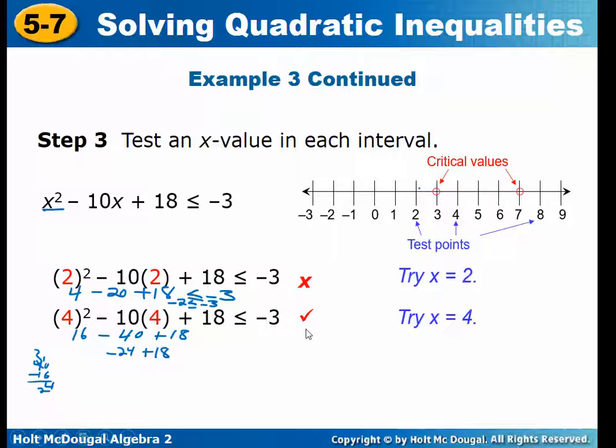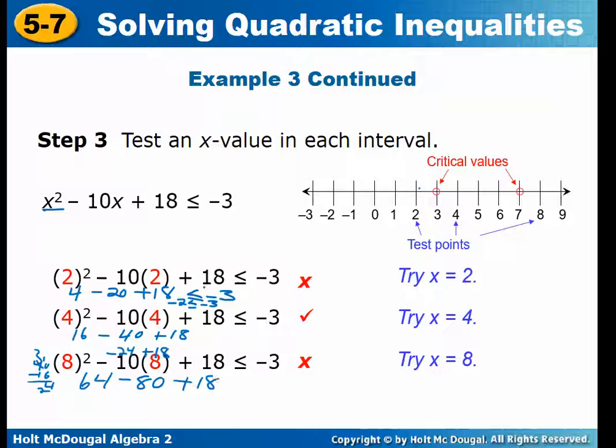And then they tried the point 8, which was on the upper region above 7, and 8 squared is 64 minus 80 plus 18, and that is, let's see, 64 minus 80 is negative 16, plus 18 is 2, and 2 is not less than or equal to negative 3, so that did not work.